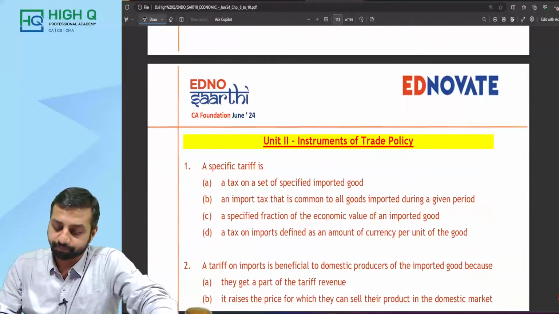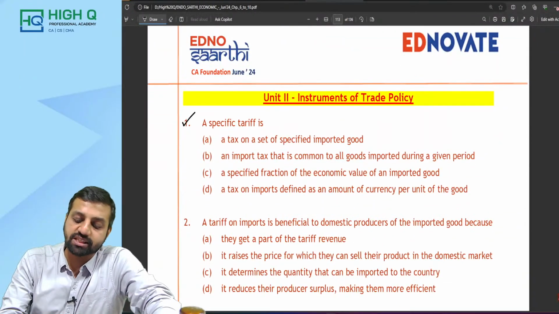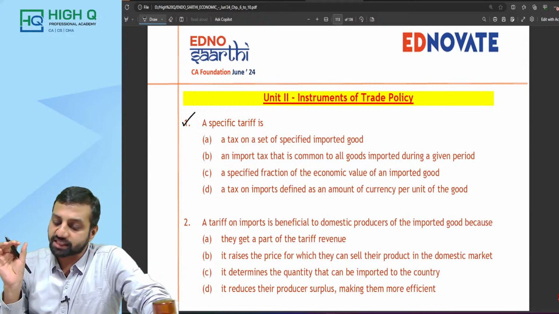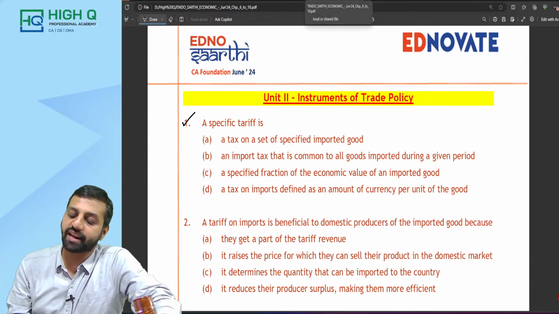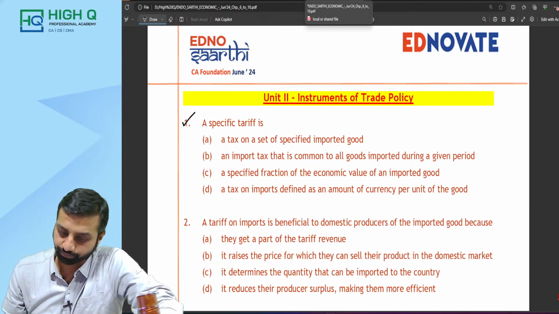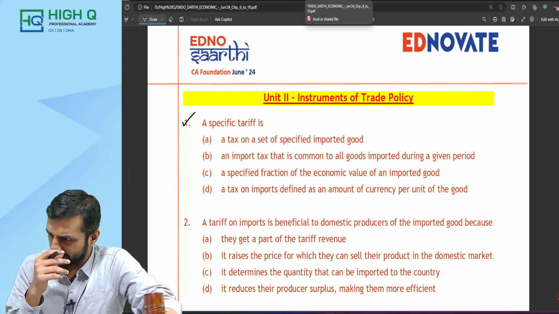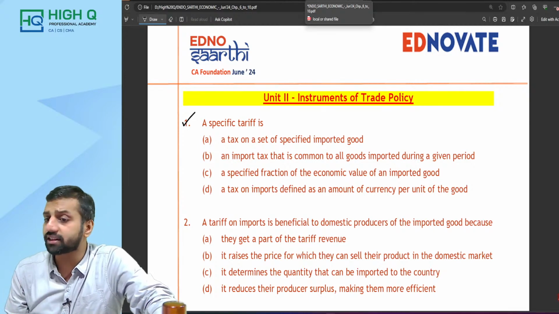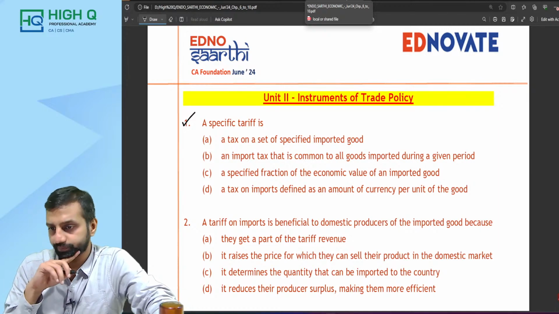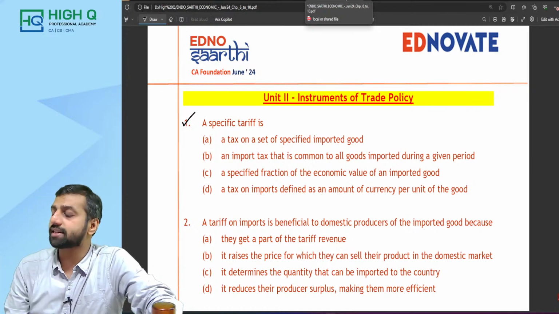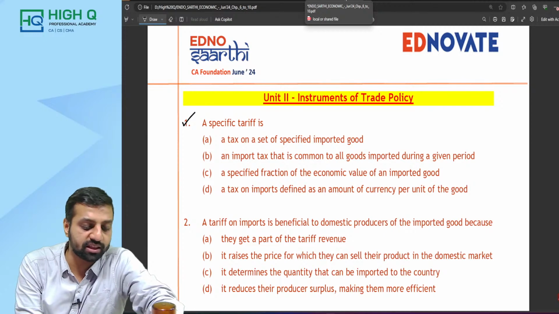Chalo, next. What is the specific tariff? Specific tariff is the tariff where amount is fixed. Okay, Faridul, do you have any other doubts? Let me know in the chat box. Everybody who has a doubt should be informing me in the chat box.